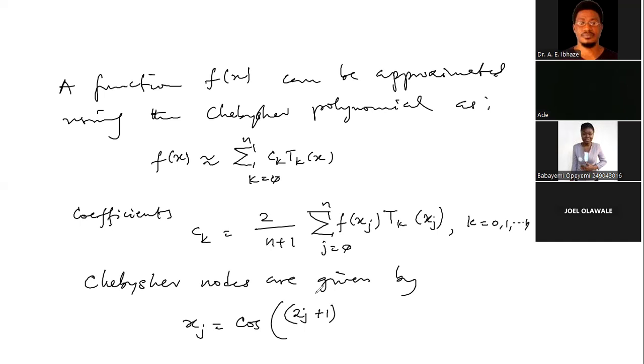It's not a complex quantity, okay? So j in this case could be some integer values. It should be noted at this point that the nodes also help in reducing the Runge phenomenon.